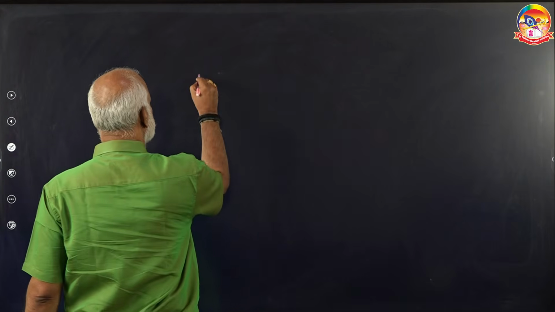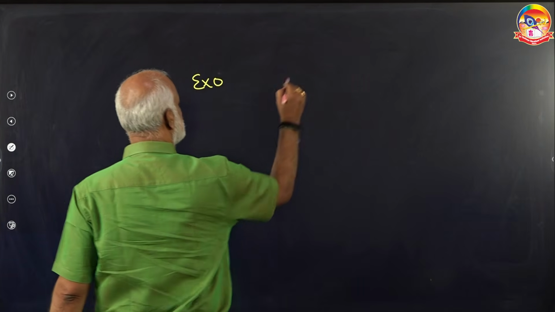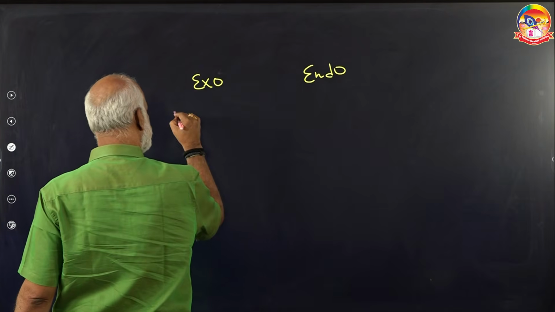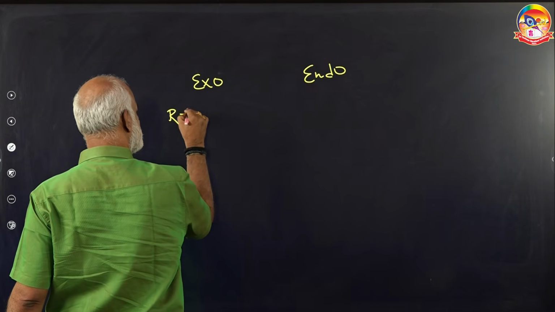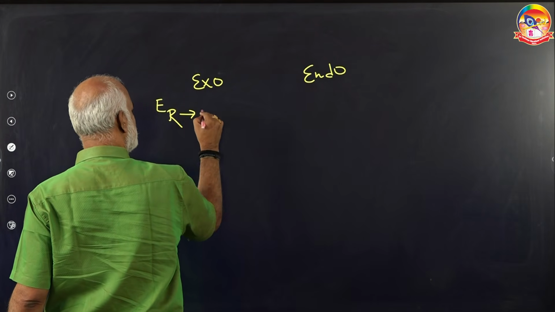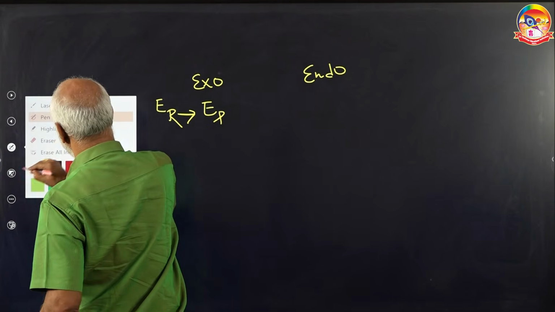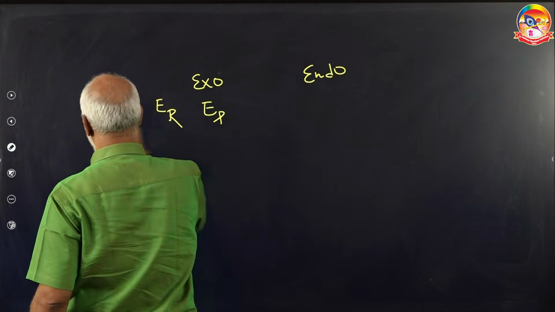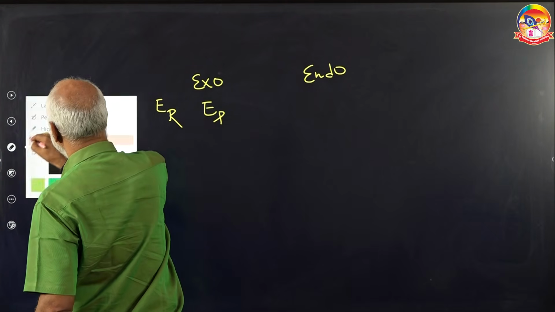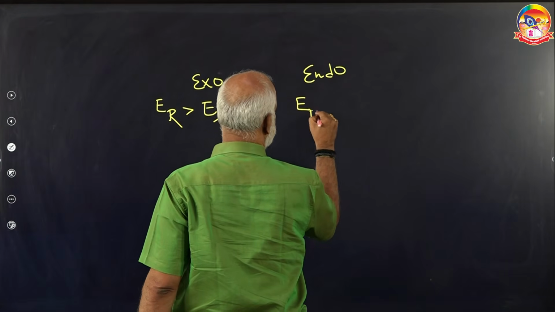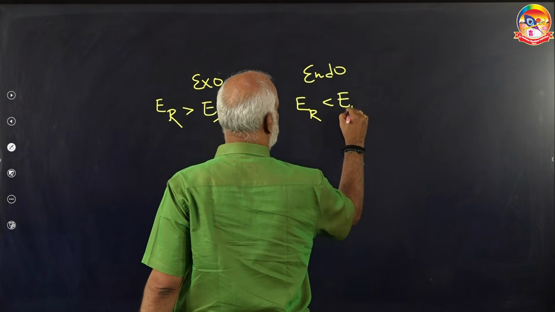Suppose an exothermic reaction is there, and an endothermic reaction is there. In an exothermic reaction, the reactants' energy will be greater than the products' energy. In an endothermic reaction, the energy of the reactants is less than that of the products.